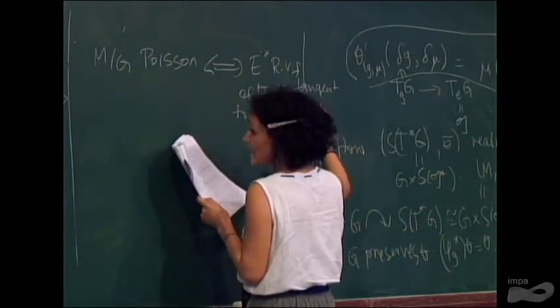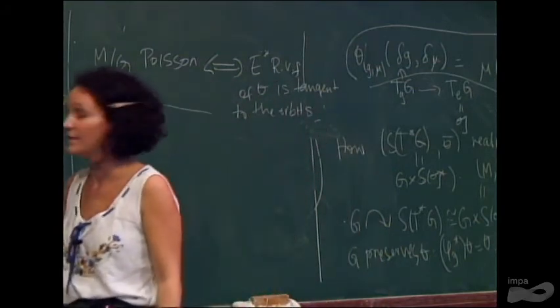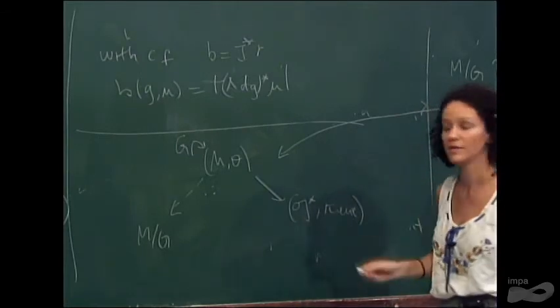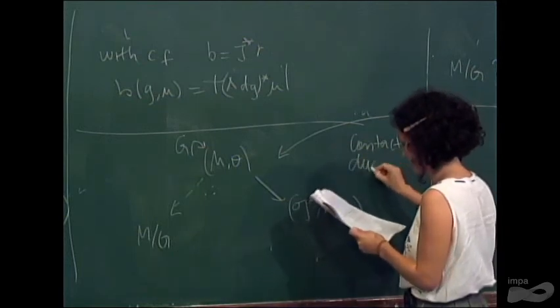And in this case, assuming this, this will be an example of a contact dual pair.